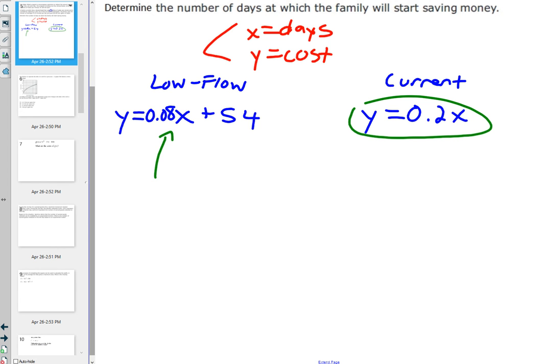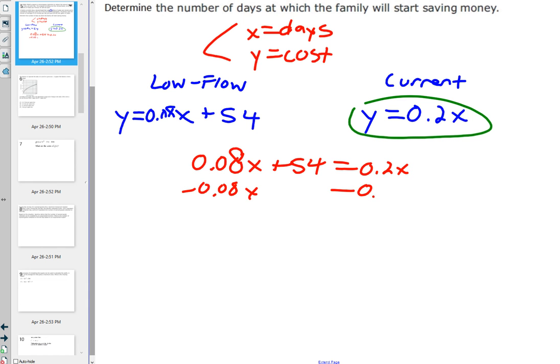So you would just make those two equal to each other. 0.08x plus 54 is equal to 0.2x. Put all the x's on the same side. So 54 is equal to 0.2x minus 0.08x, which is 0.12x.